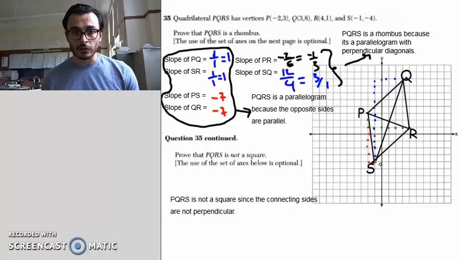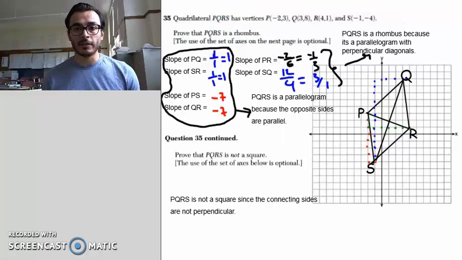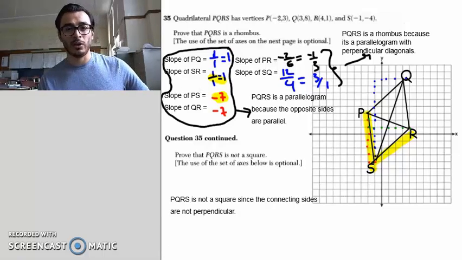If you look at the slopes of the connecting sides, for example, SR and PS, they are not negative reciprocals, which means this is not 90 degrees, which means it is not a square. All right, so that's 35. It's actually pretty straightforward for a 6-point question.